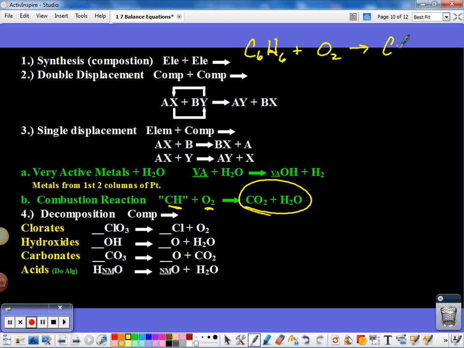So CO2 and H2O. I had a student a few years ago who said, I remember that by saying co-host. That's fine. That's a good way to remember. C-O-H-O. Co-host. That's what she came up with, and it worked for her. It might work for you.